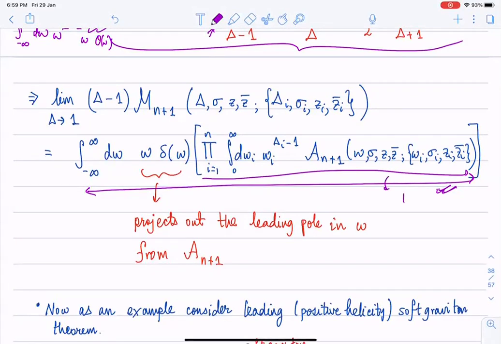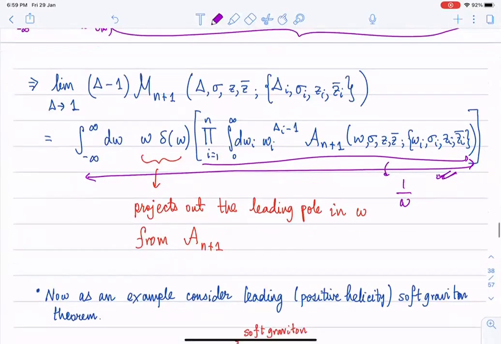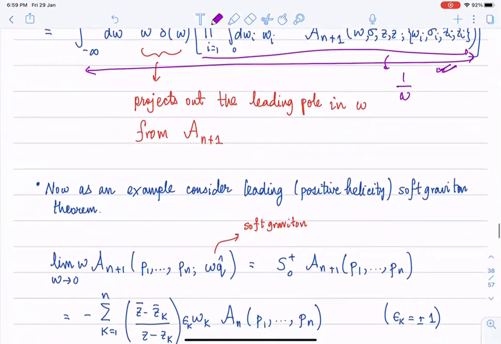So for example, if the term inside the square bracket gives me some term which looks like, let's say, 1 by omega, then this prefactor will project out that pole, right? Okay, so let's try to see a specific example of how that works.